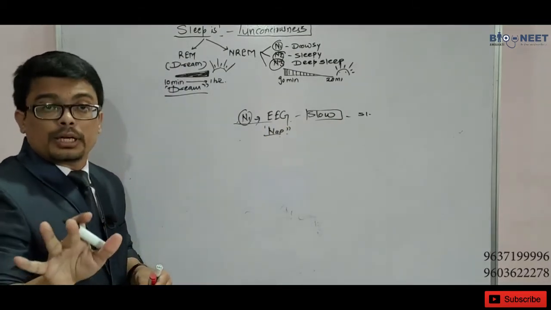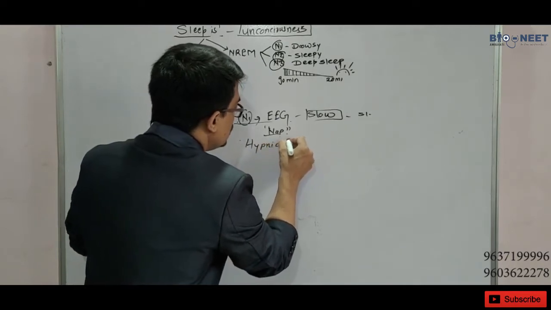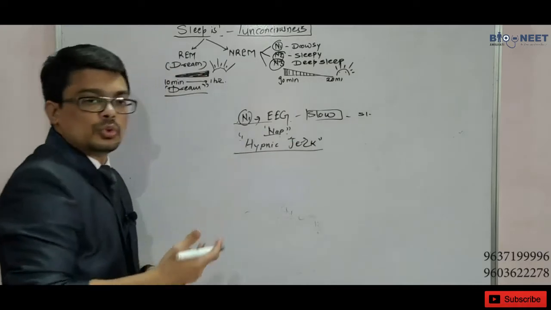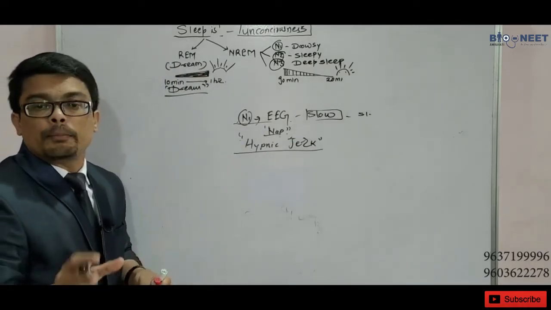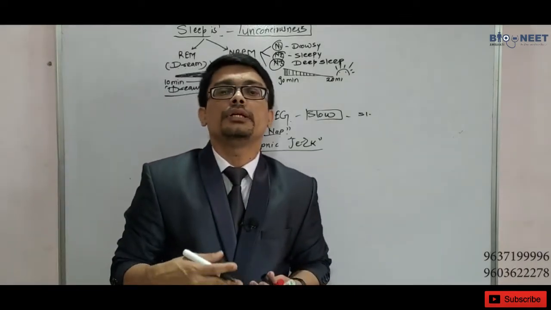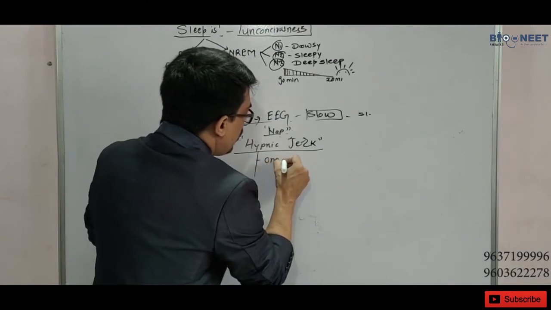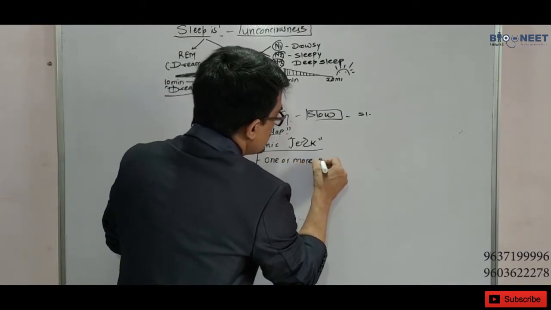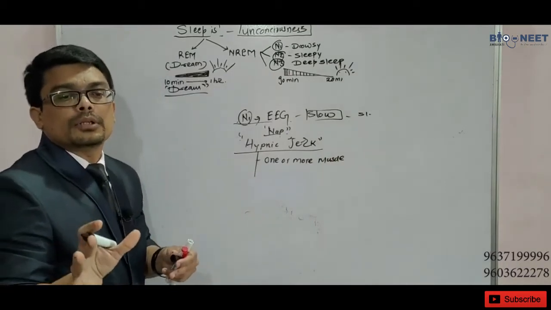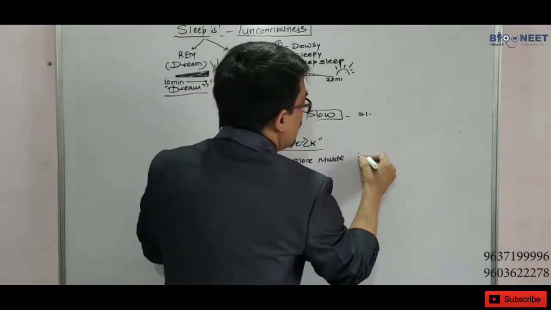Sometimes in N1, you can see a hypnic jerk. This is one terminology you can use in case of N1 sleep. A hypnic jerk is when one or more muscles of the body, not all the muscles, move involuntarily.